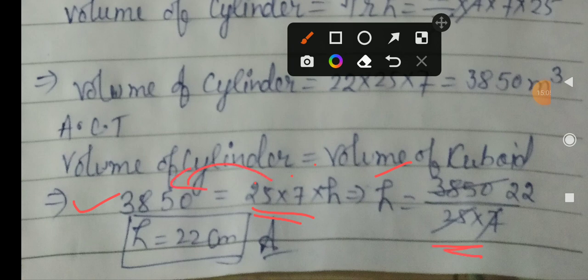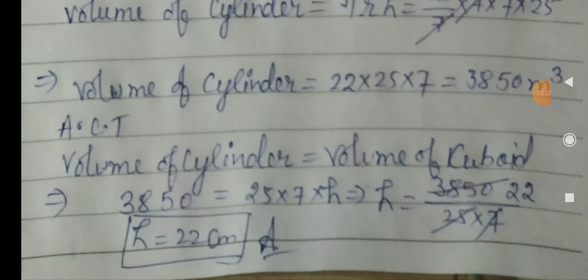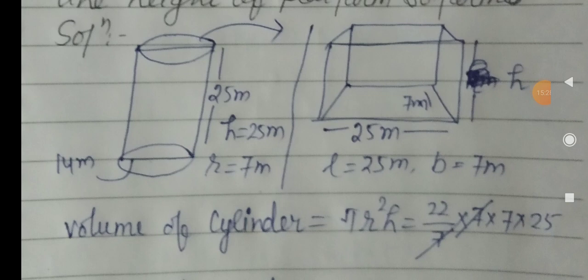So h is equal to 3850 upon 25 into 7, and this 25 cuts, and this 7 is also cut, and we get only 22. So h is equal to 22 centimeter. So this is the height of the box or that shape or that cuboid. Okay, so here the height is 22 meter.